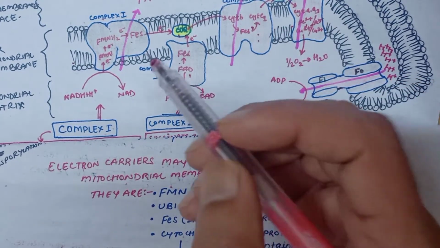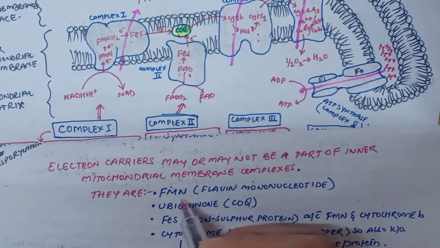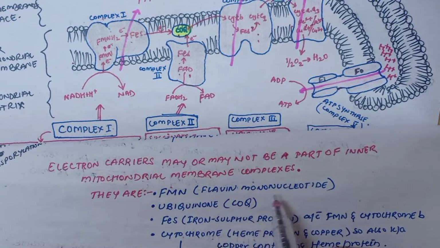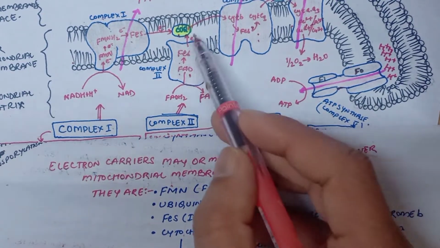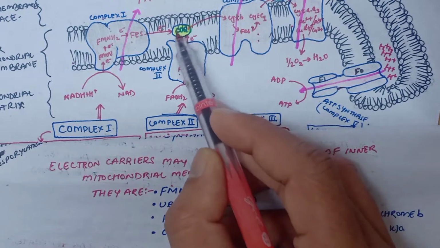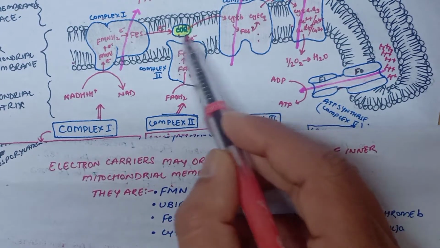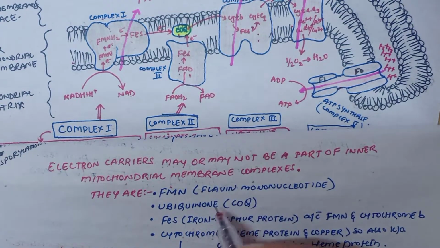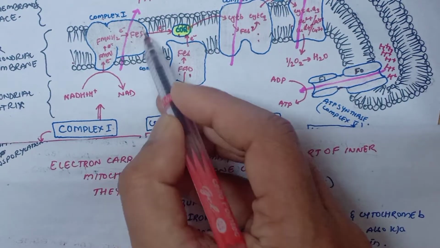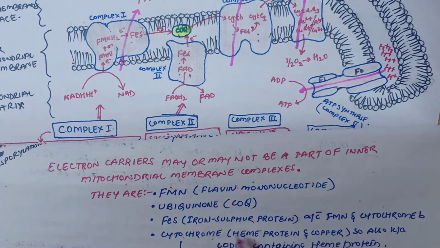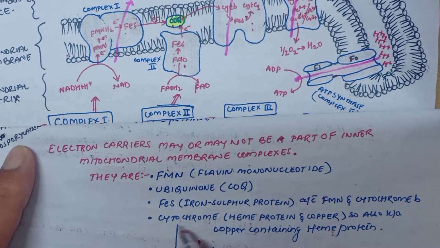So these electron carriers are FMN, that is flavin mononucleotide, COQ, that is coenzyme Q, which is also known as ubiquinone, and there is FeS, that is iron sulfur protein, which is associated with FMN and cytochrome B, and there are cytochromes.